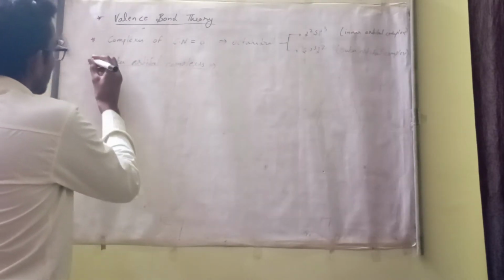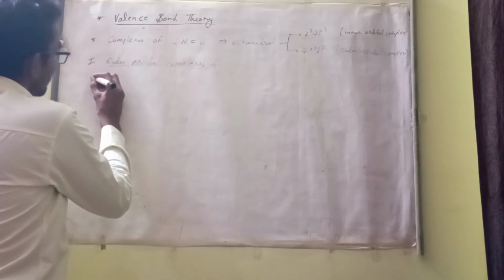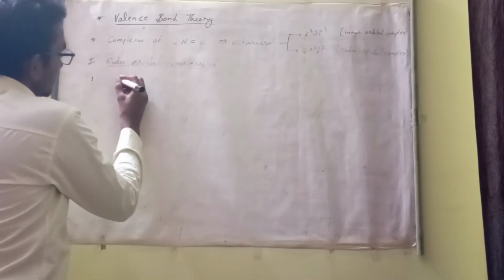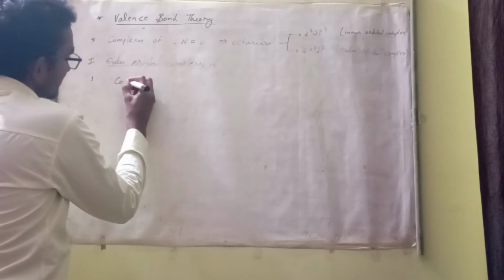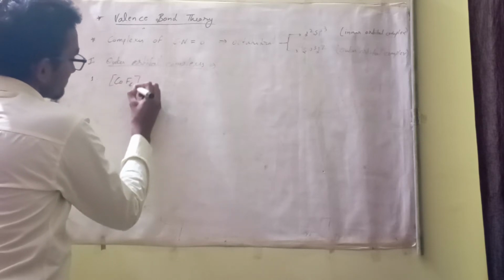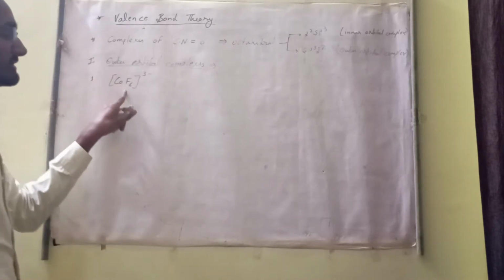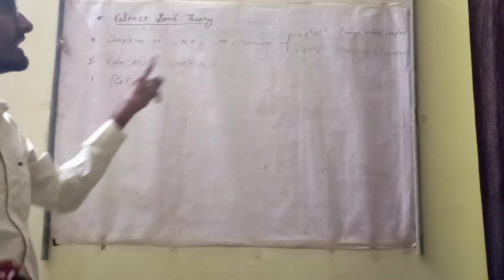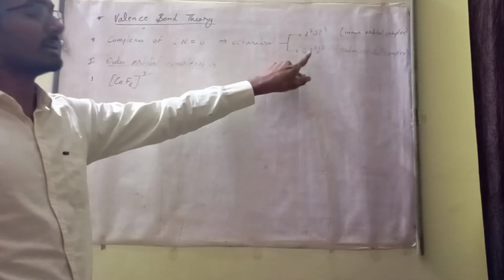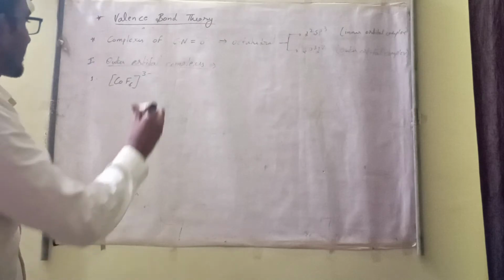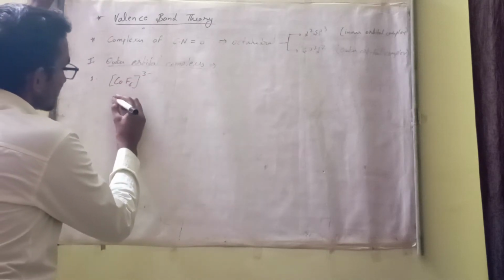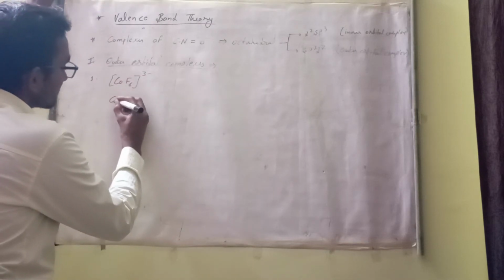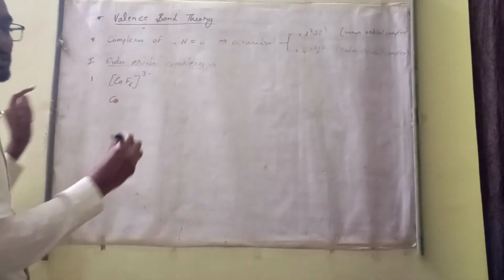So example number 1, CoF6 3 minus. As we see that coordination number is 6, it is either d2sp3 or sp3d2. And in this case, cobalt is in +3 oxidation state.